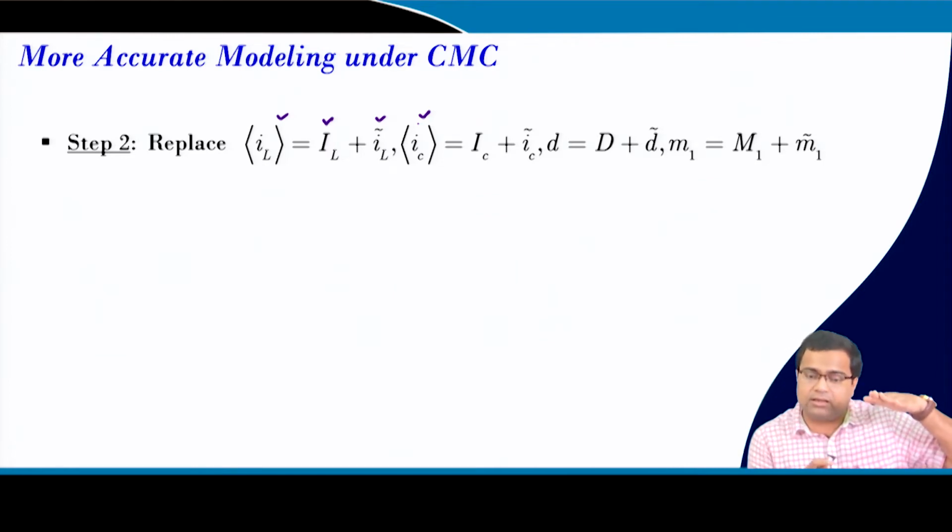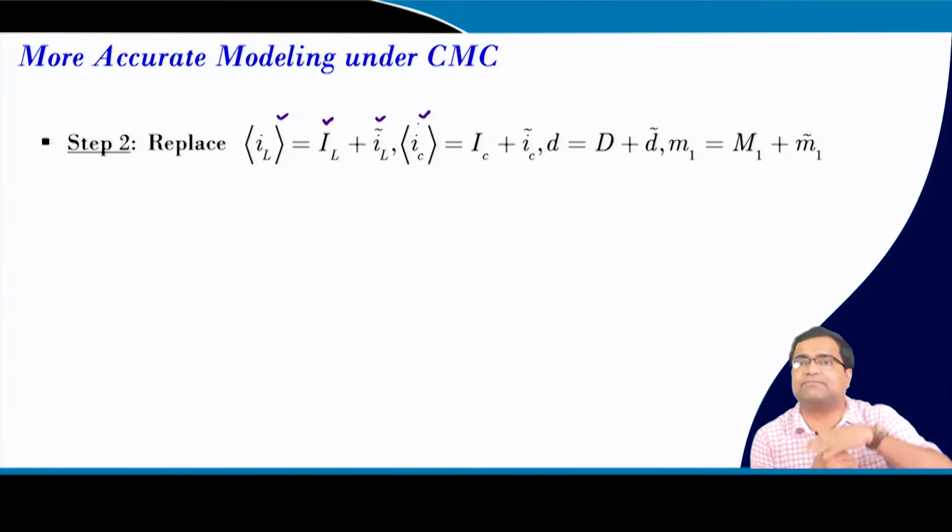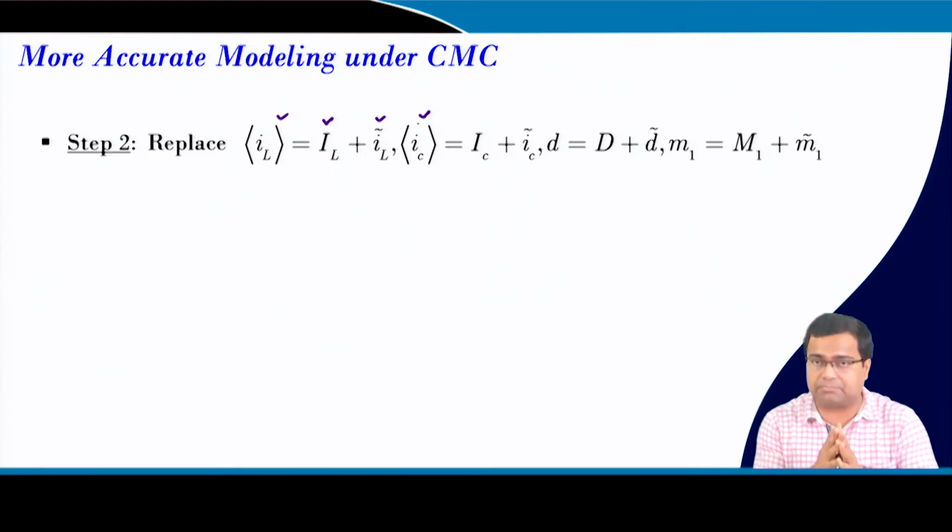If there is no ramp compensator, this is a peak reference, but now along with this control current, we are subtracting the reference ramp slope, that means the compensating ramp.